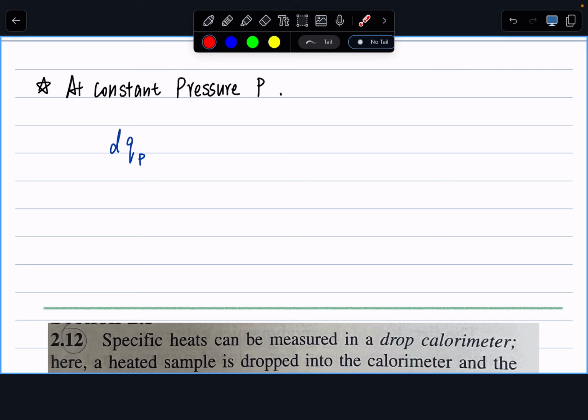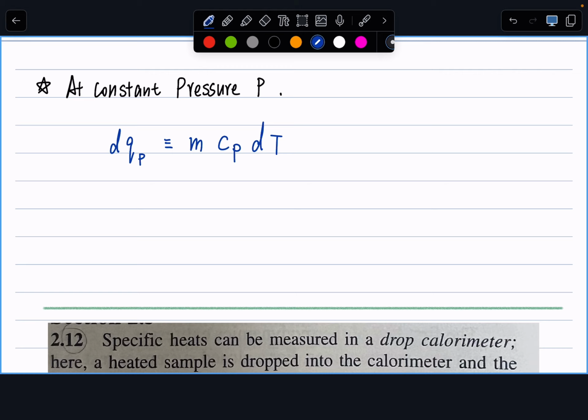We'll see that in other applications as well. So that is defined as the mass of the object times the specific heat of the object at constant P and dT, or the infinitesimal change of temperature.